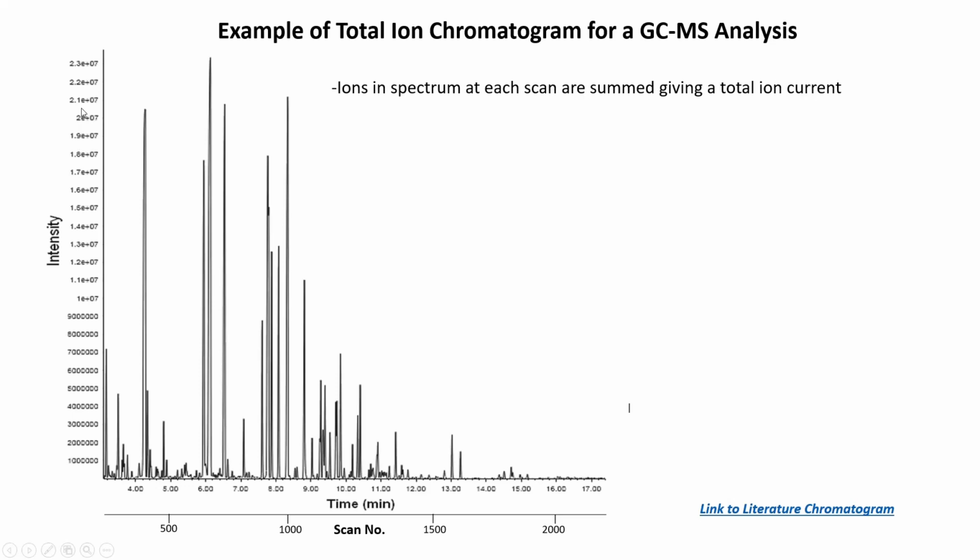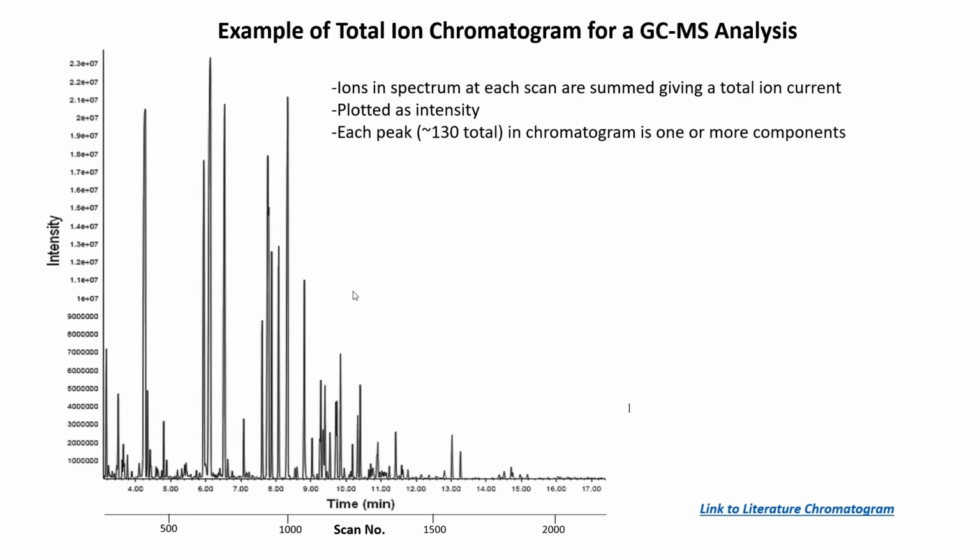And we take this total ion current and we plot it on this axis here. And then on this axis is either time or scan number. So in this case, during this experiment, we attained about 2,500 mass spectra because we had around 2,500 scans. And we plot as an intensity versus time to get this total ion chromatogram.